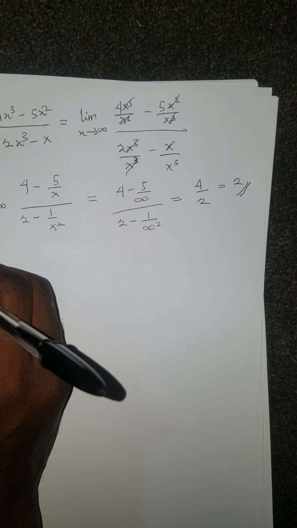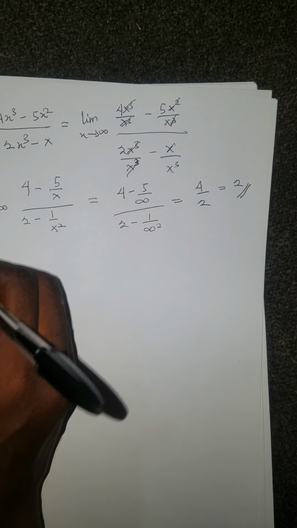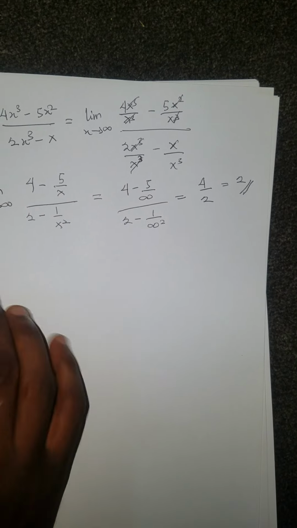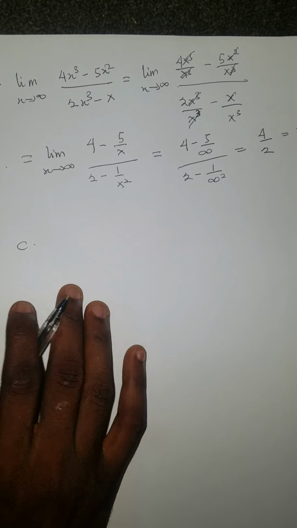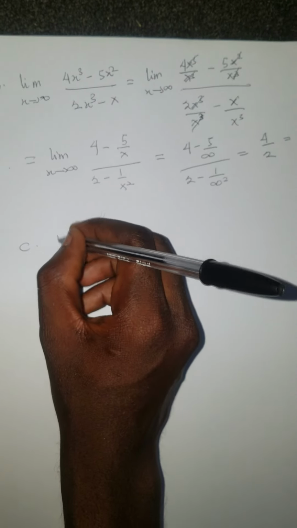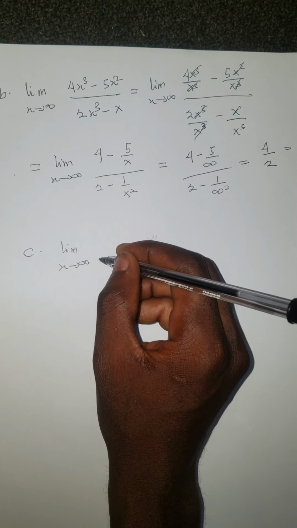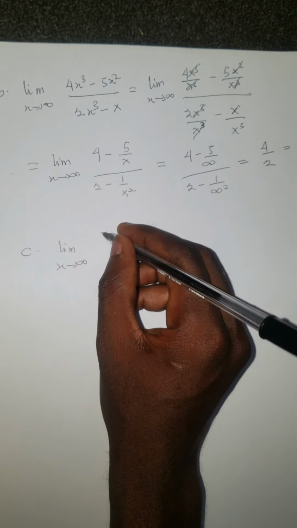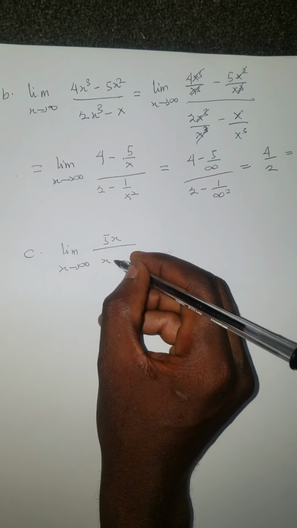Now let's go to example C. C is giving us the limit where x is approaching infinity of 5x all over x plus 2.